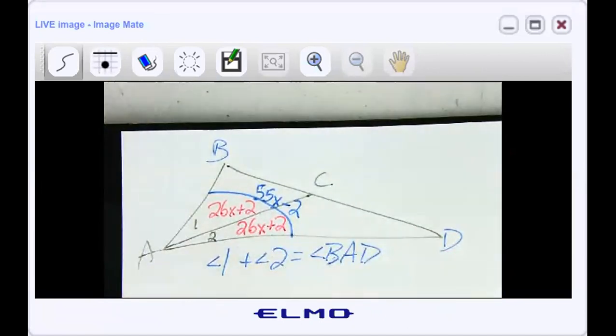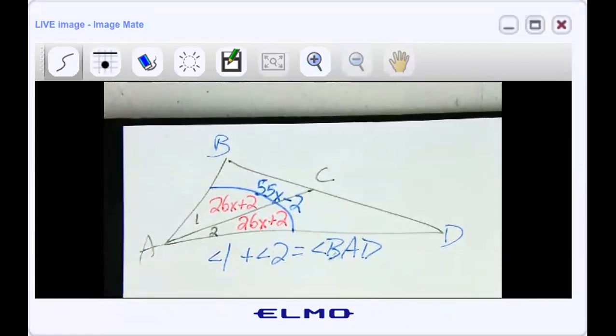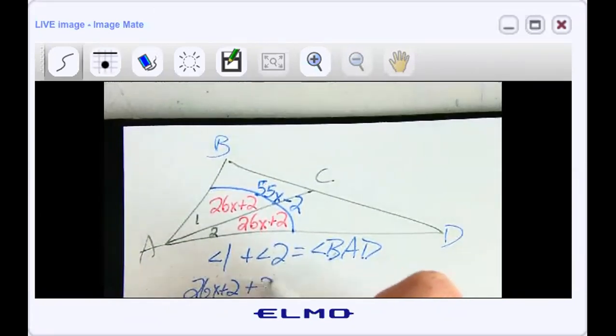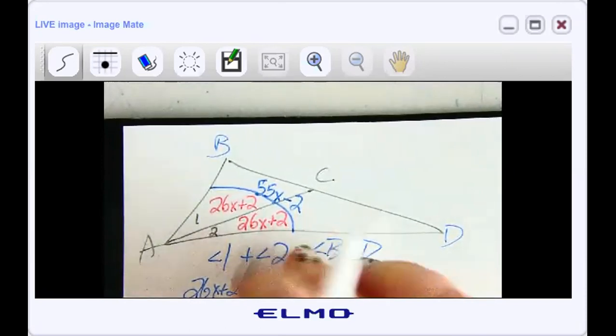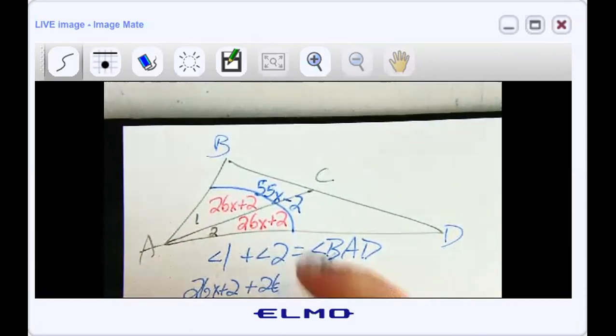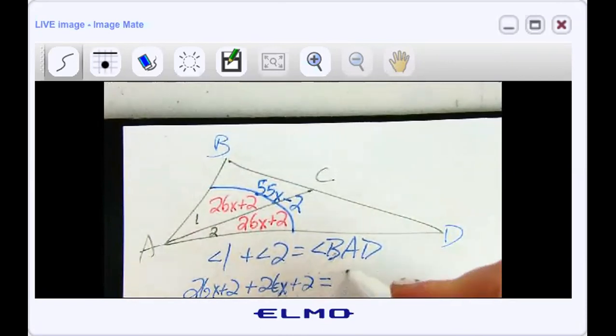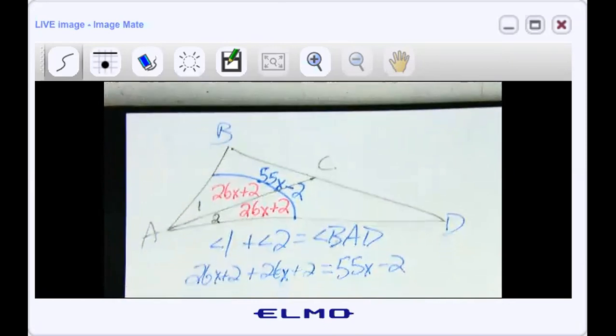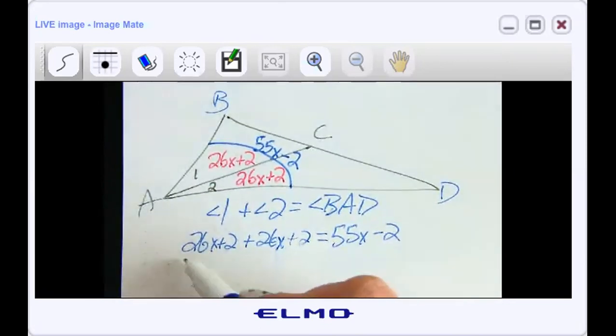So that's kind of my model, and then I just have to fill in the pieces. 26x plus 2 and another 26x plus 2. Oops, forgot the x. That's important. So those two together should get me the whole angle BAD, which in this case is 55x minus 2.